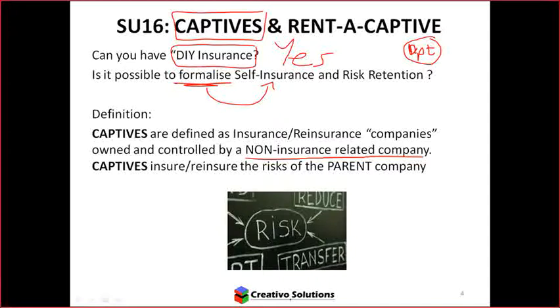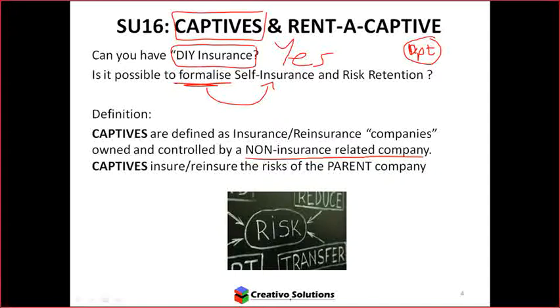Are you familiar with the claims that always take place in your company? What are the common claims? Sometimes there are small fires in the factory. Okay, fires. So you are paying a premium to an insurer to cover loss for those small fires that occur in the factory.